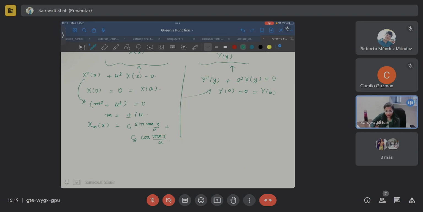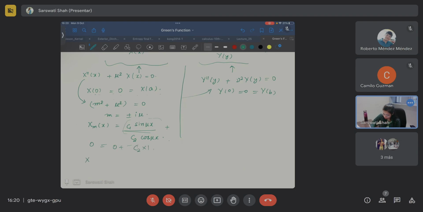In both the cases, when you take X of 0 equals 0, sine 0 is 0, so 0 plus c2 times 1, so c2 is going to be 0.